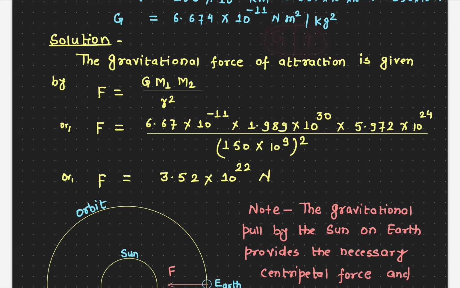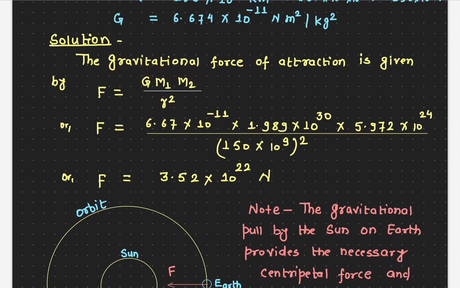These two are not the same, they are entirely different, and we'll talk about that later on. So this is the formula for calculating the force of gravitational attraction between two masses.